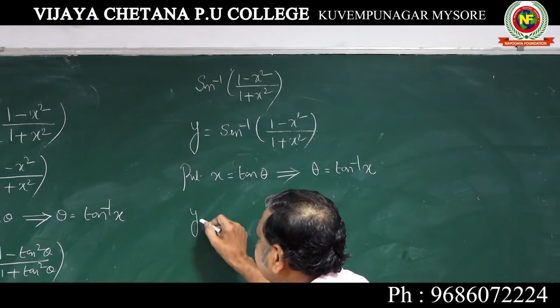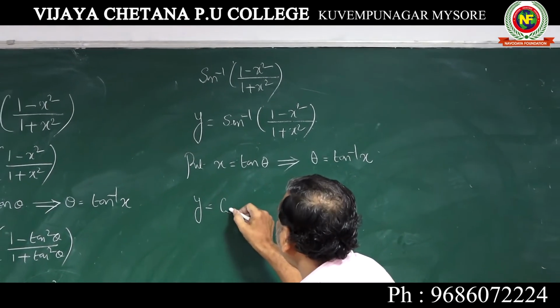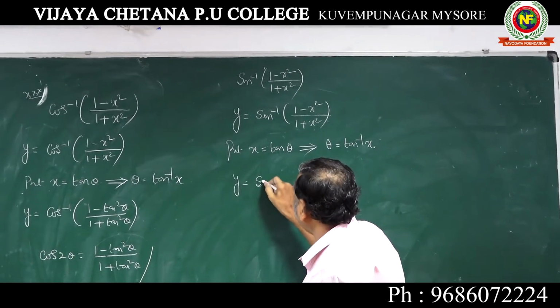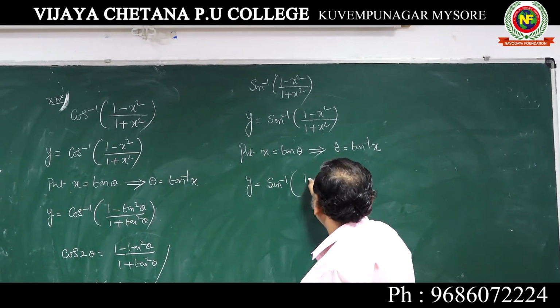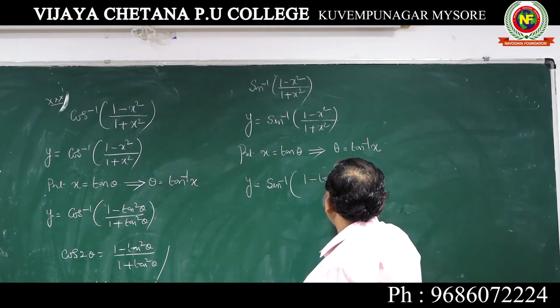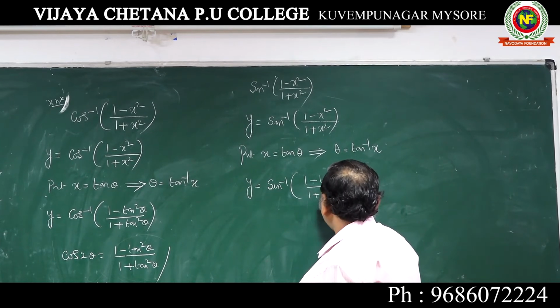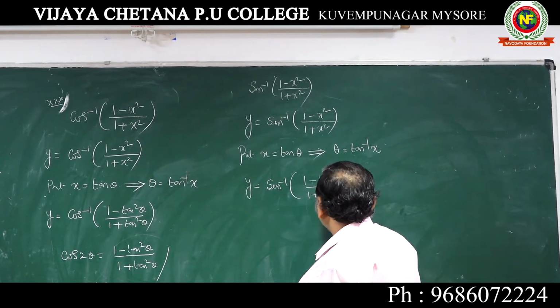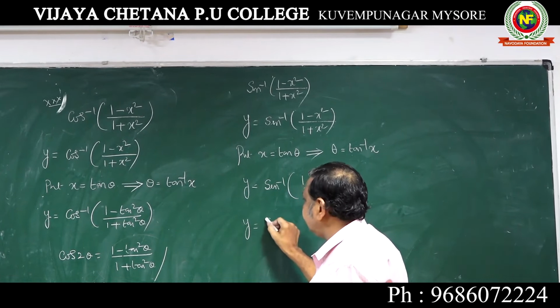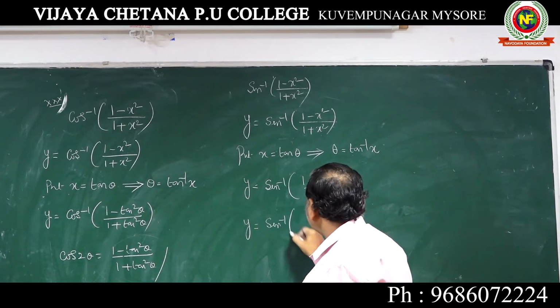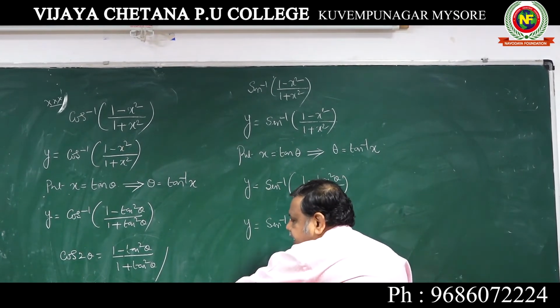Now y is the same thing, we substitute: instead of cos inverse, sin inverse of 1 minus tan square theta by 1 plus tan square theta.